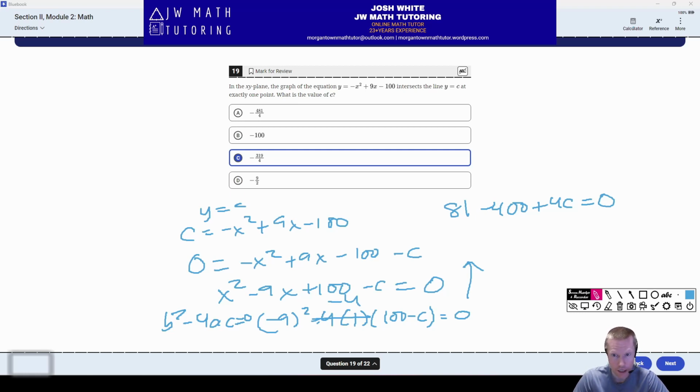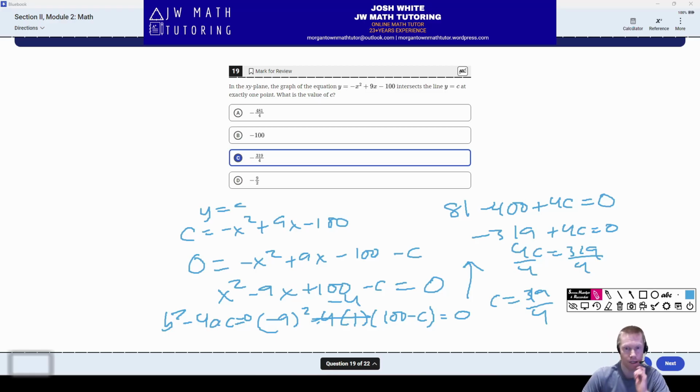So 81 minus 400 is going to be negative 319 plus 4c equals 0. Now I add that to the other side, except I'm getting positive 319 over 4 instead of negative. So let's double check what is the mistake that I have made.